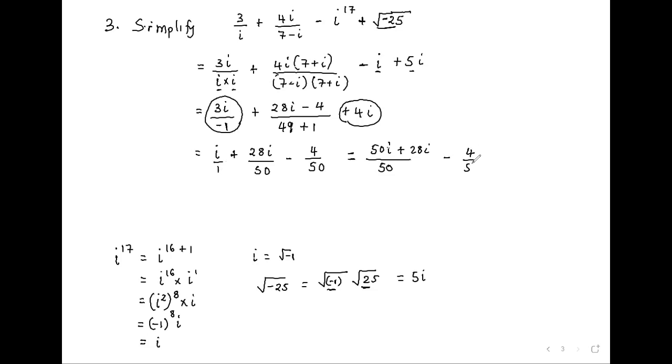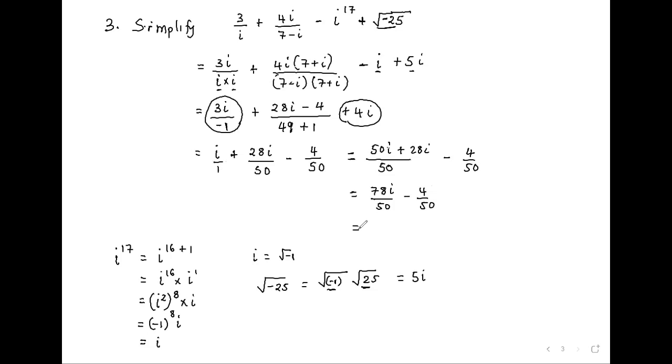So 50 plus 28, that's 78, i over 50, and then minus 4 over 50.